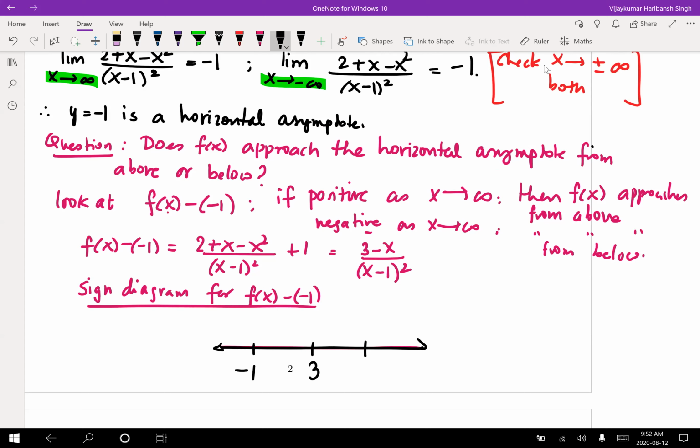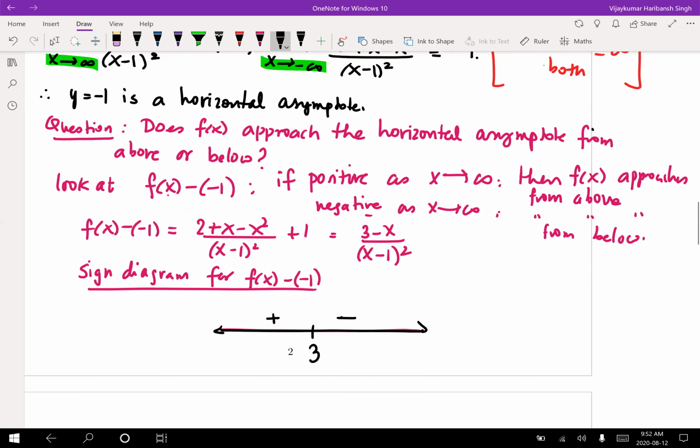The sign will not change across it because the denominator is always a square, so let's just worry about the numerator. If x is negative, then 3 minus x is positive. Let's take x equals 0, so here you'll get positive, and say x equals 4, it's negative.